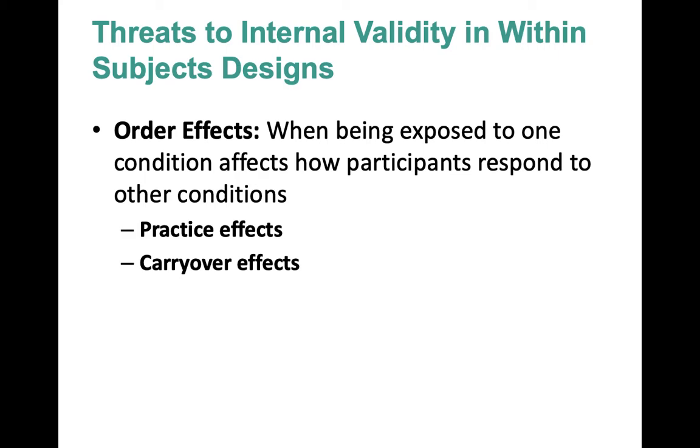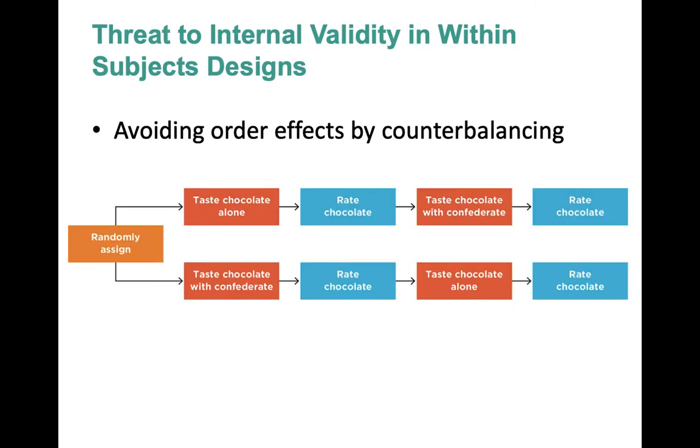So that would be the effect of the independent variable carrying over to the second. The effect of one level of the independent variable carrying over and being present when it's not supposed to be at the second level of the independent variable.